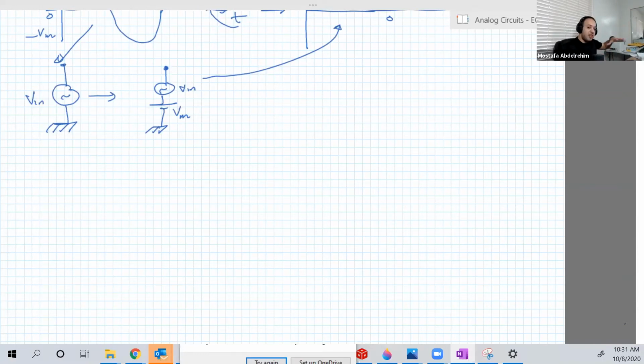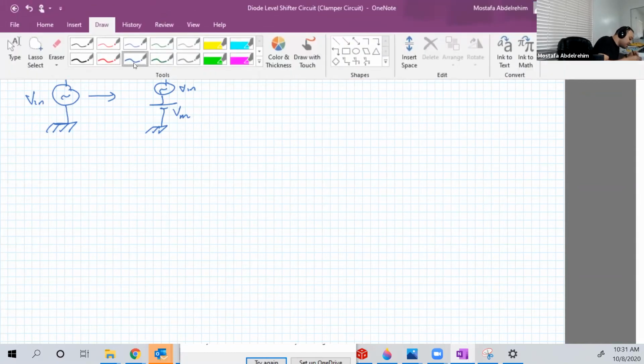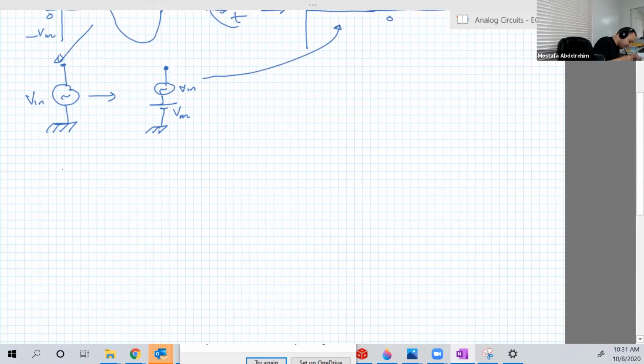So let's explore first the negative shift. It's not a positive shift, but this is a circuit that you actually know. So let's see what this circuit is. Negative clampers, or negative clamper circuit. This is actually a negative clamper circuit.